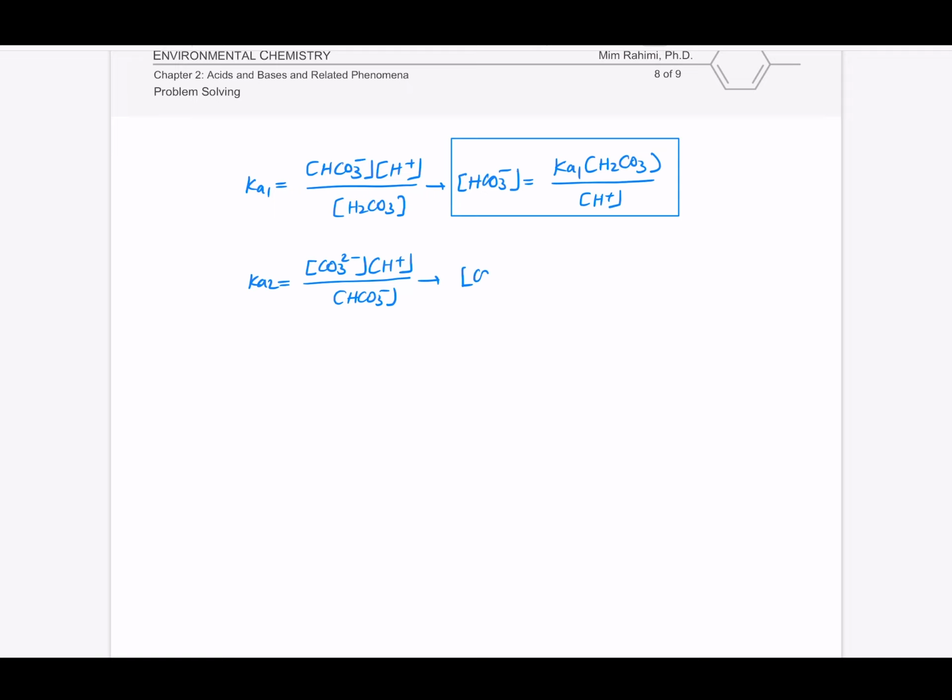So then CO3 2 minus, by also inserting HCO3 minus, would be Ka1 times Ka2, these are for the carbonate system, times H2CO3 divided by H plus to the power of 2.